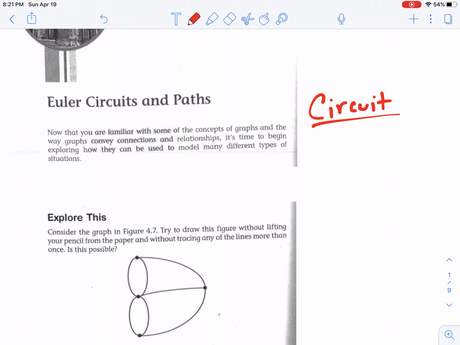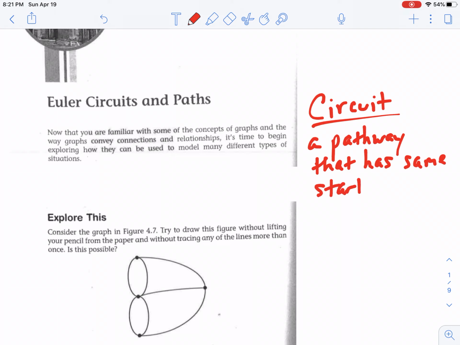So a circuit is a pathway that starts and ends at the same exact place. Pathway that has the same start and end.